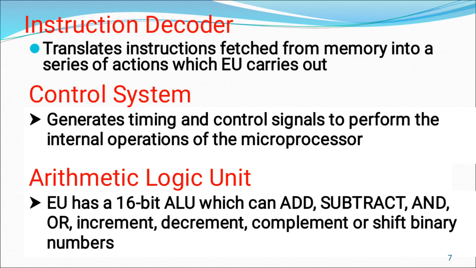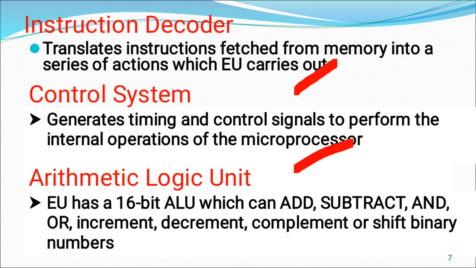Instruction decoder. In general, the instruction decoder translates instructions fetched from memory into a series of actions which the execution unit carries out. Control system. Generally, the control system provides the timing and control signals to perform internal operations of the microprocessor. And the arithmetic and logical unit.